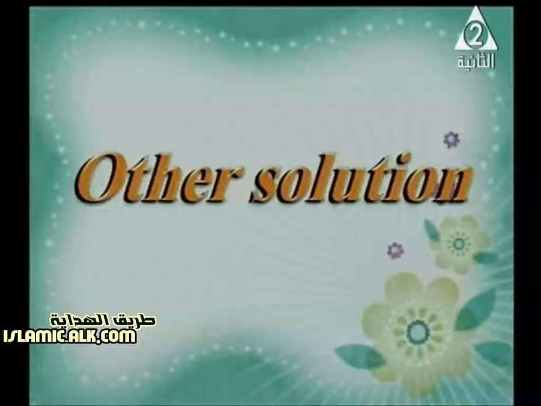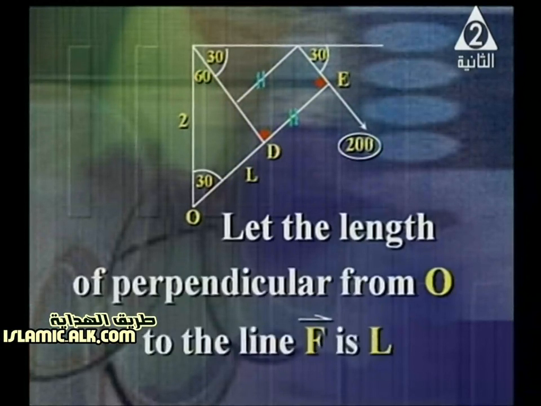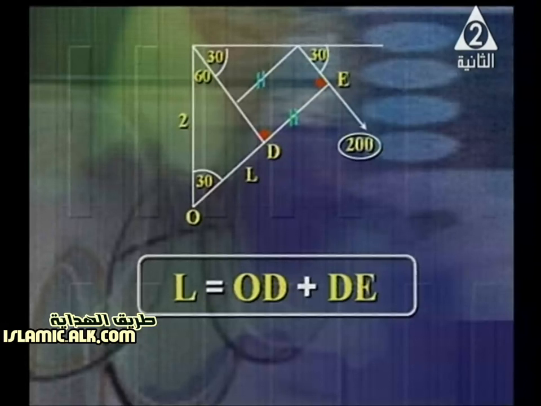We can solve by another solution. Look at 200. The length of the perpendicular from O to the line of F is called L. L consists of, dear student, OD and DE. What is the length of OD?